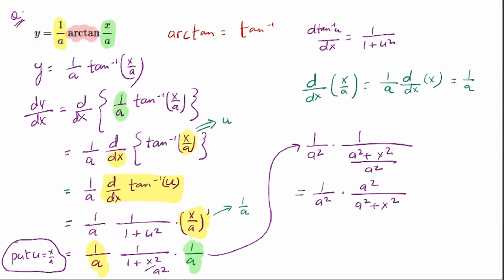Now I can cancel these two and get the answer 1 over x squared plus a squared. So this is the answer for y equals 1 over a arctangent of x over a. Any questions so far?